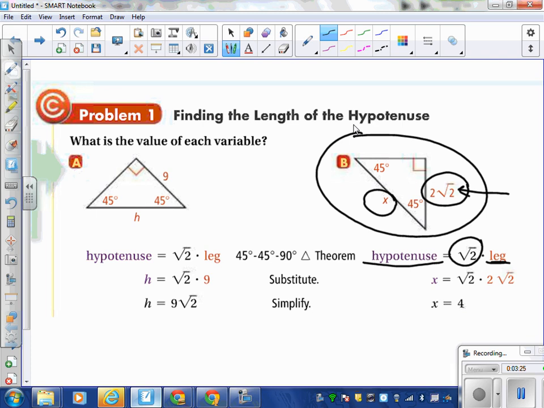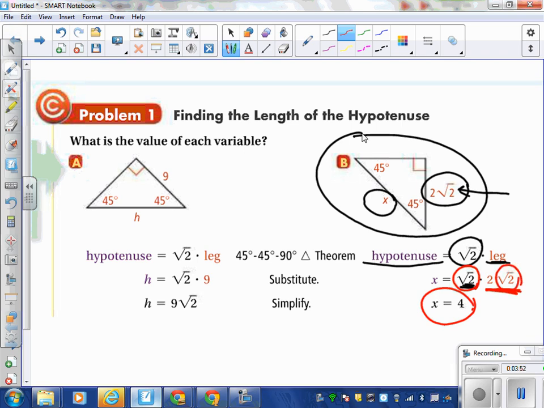So I multiply square root of 2 with the leg, which is 2 square root 2. Remembering that when I multiply square roots, I have square root 2 times another square root 2.